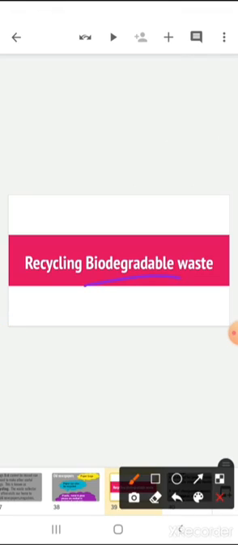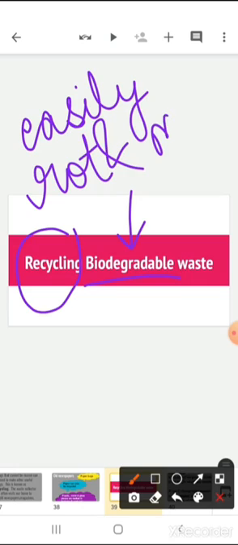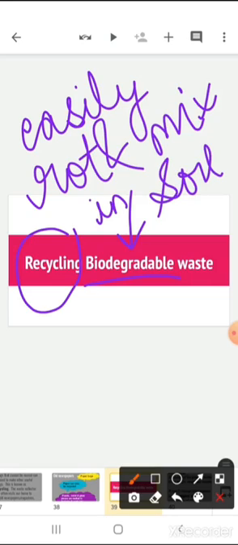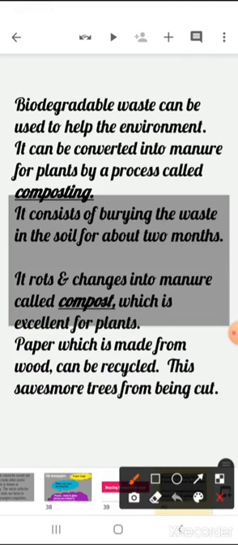Now, recycling biodegradable waste. We have to recycle the biodegradable waste. What is biodegradable waste? Waste which can easily rot and mix in soil. So we have to recycle that waste. Now let's see how.